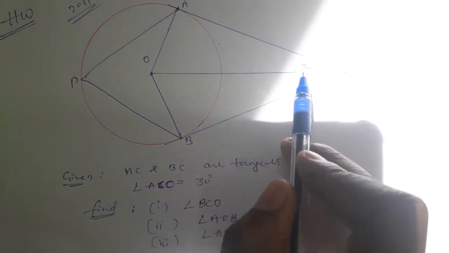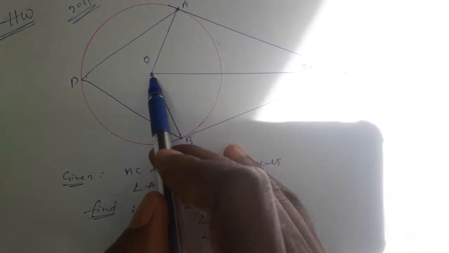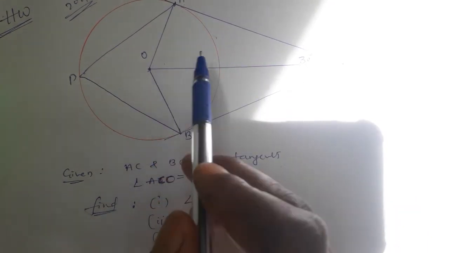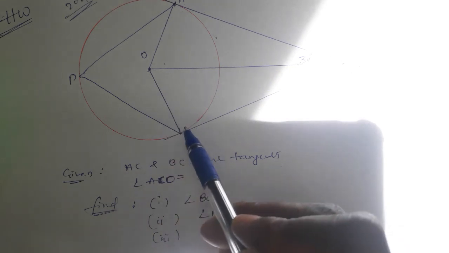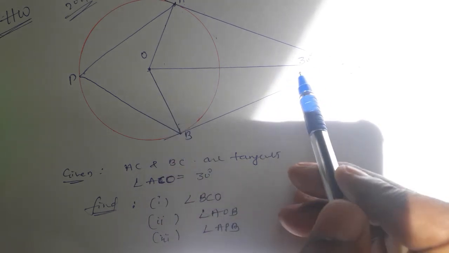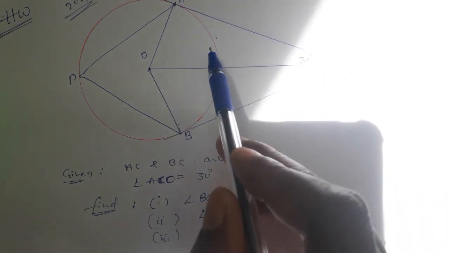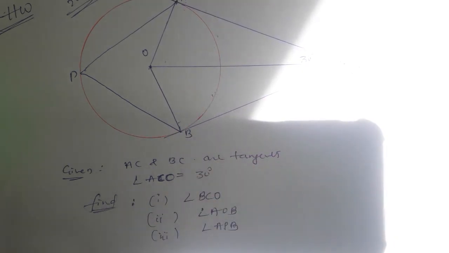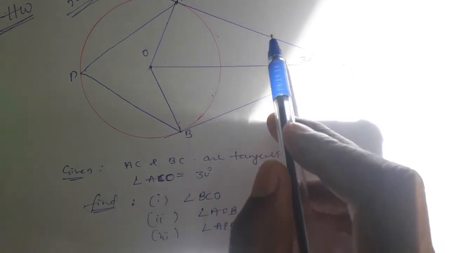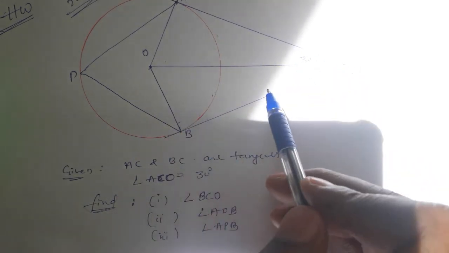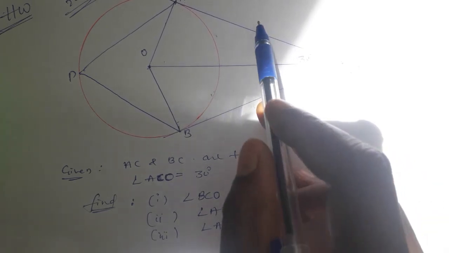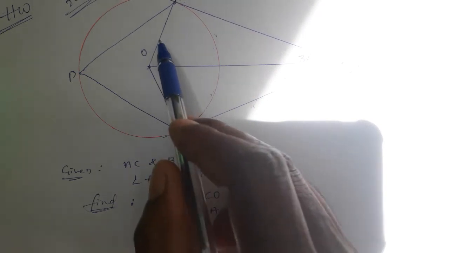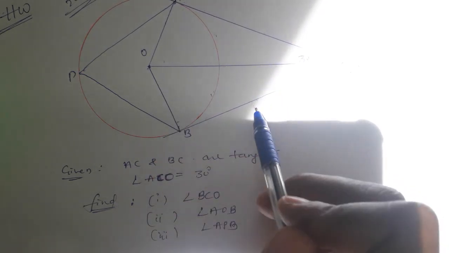These three you have to find out. First, this is given 30 degrees. You know that this is the radius, this is the tangent. Radius and tangent, you must get 90 here. Similarly, here also 90, you can get this. These two are always equal because they are congruent triangles: tangents are equal, radii equal to radii, and the side is common.